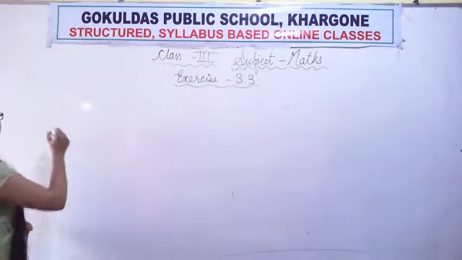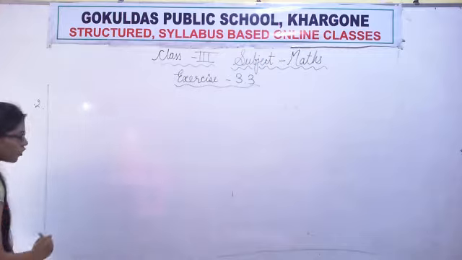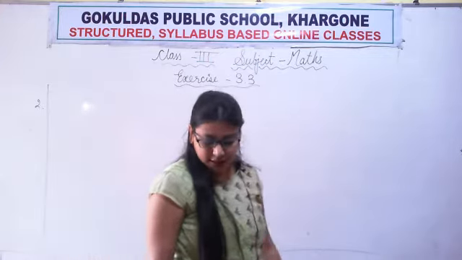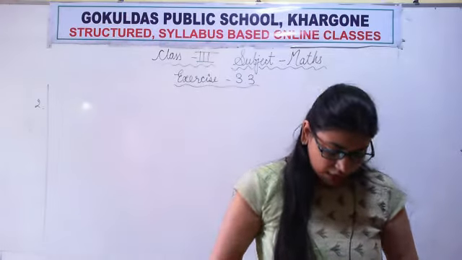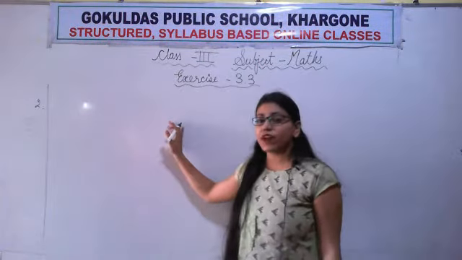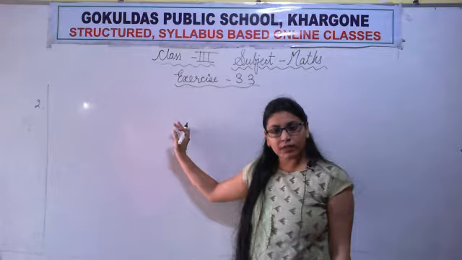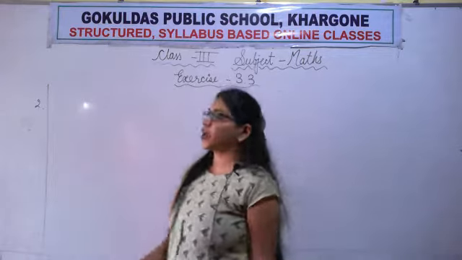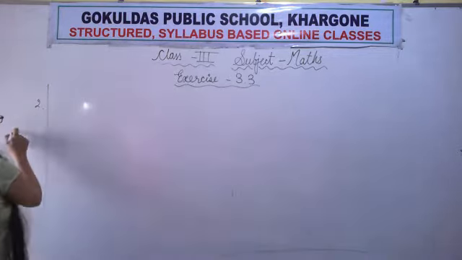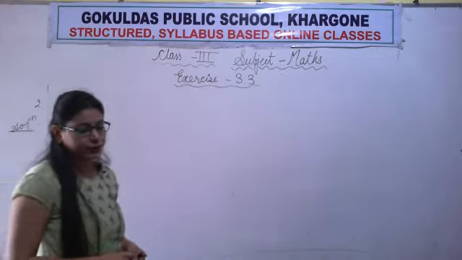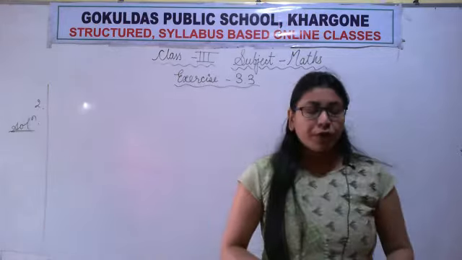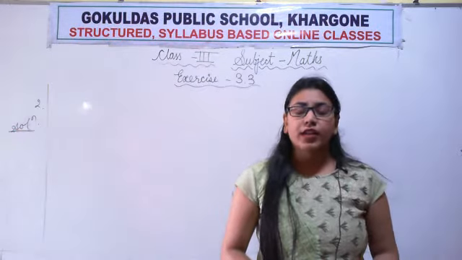Okay. So again, you all have to write the word problem. Now I am not writing the word problem, but you have to write the question also. After writing the question, you will start solving. So first of all, we will write the given information.